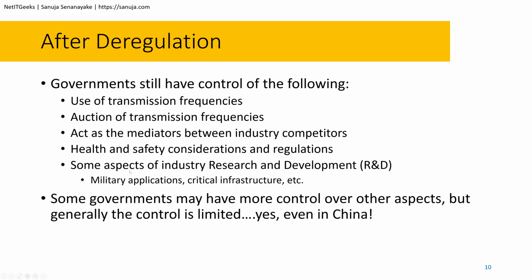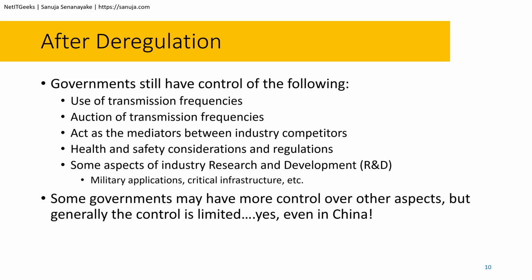So for military applications and critical infrastructure, like the entire country's internet, governments may have a lot of control. When it comes to not-so-democratic countries such as China or North Korea, governments certainly have control over every infrastructure associated with not only structured cabling, information technology and telecommunication, but also every aspect of user experience.